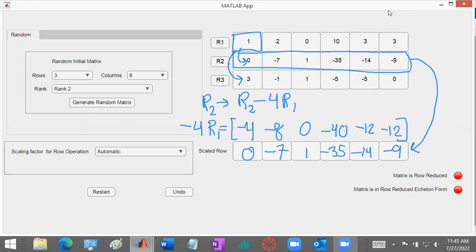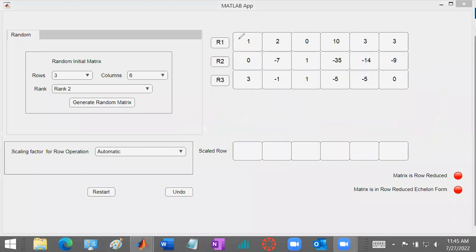Okay, so what would we do next? Well, we would use this to get rid of this 3. So we would take row 3 and replace it with row 3 minus 3 times row 1, because we want to turn this into a negative 3 and then add it to this to give you 0.